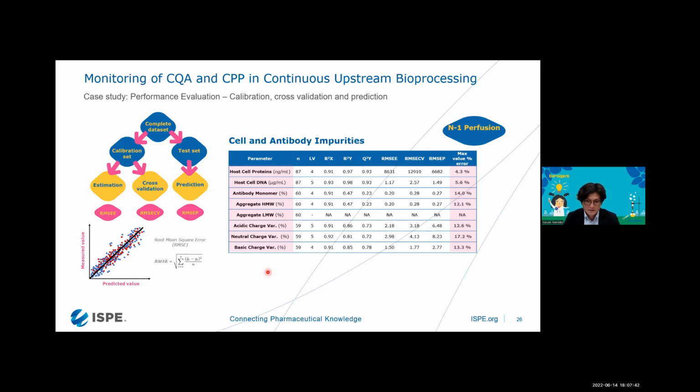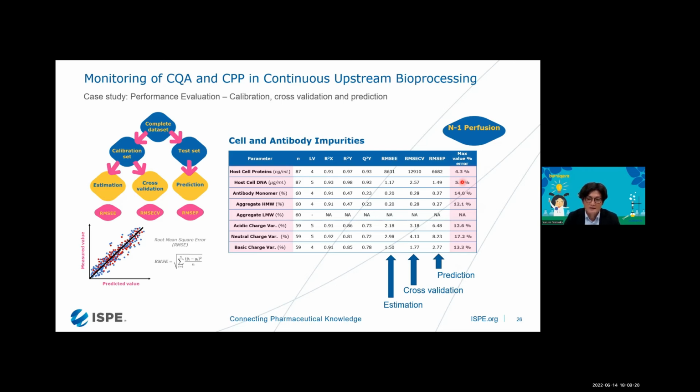To estimate this result, we used around 60 to 80 data sets, and we evaluated the root mean square error for the estimation, the cross validation, and the predictions. We also estimated the error percentage compared with the root mean square error of prediction. For HCP and DNA monitoring, the error value is lower than for the other components, around 5%.